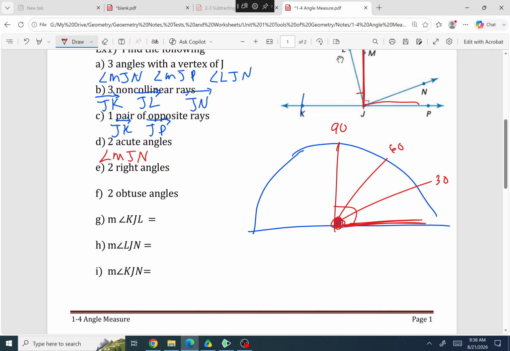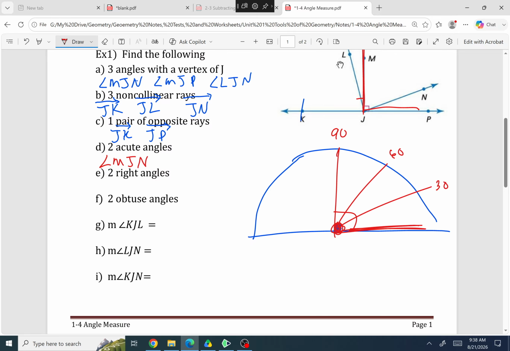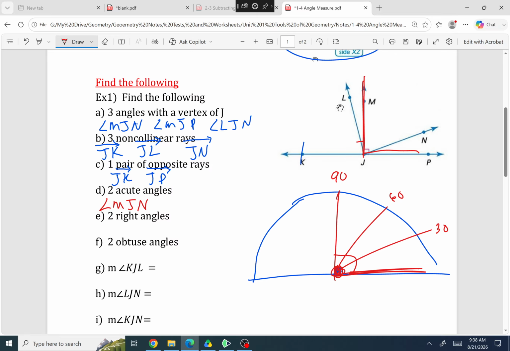All right. What's another acute angle that I know for a fact? You could say PJN. You could say LJM. Let's pick one. Let's do LJM, right? Does everybody understand why I know for a fact, even if I didn't measure it, that it was acute?